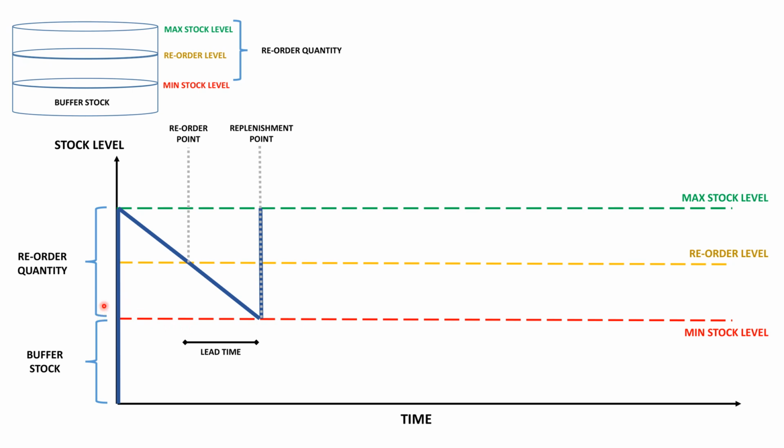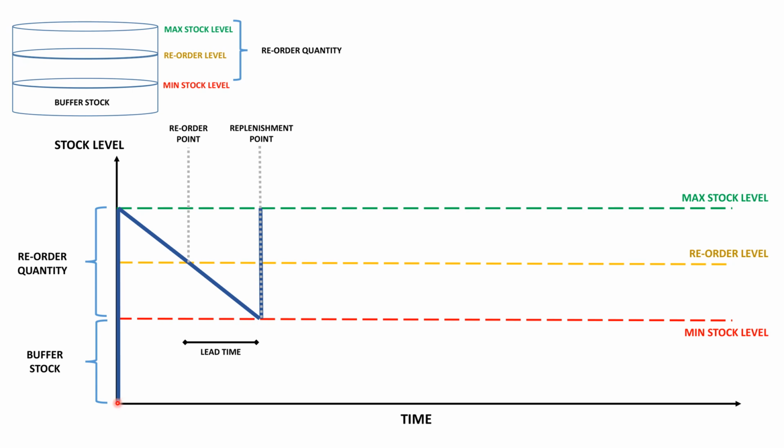Then we have the reorder quantity, that is from the minimum stock level to the maximum stock level. And we have something called lead time. It is the time taken for the materials to reach the construction site once the stock reaches the reorder level.